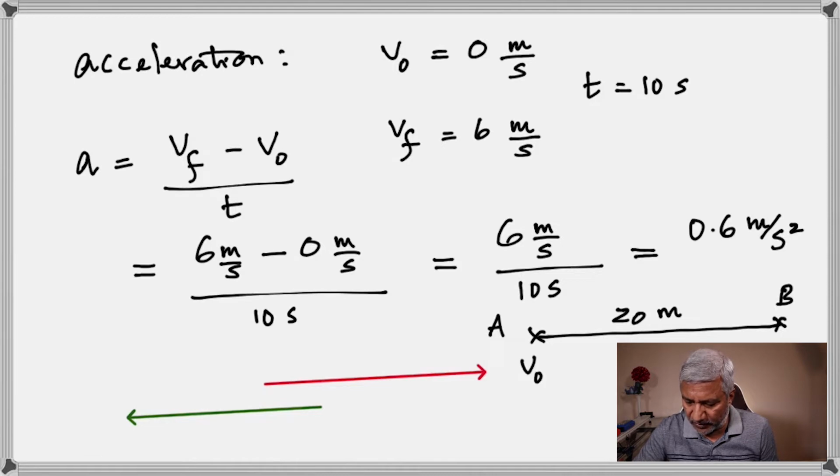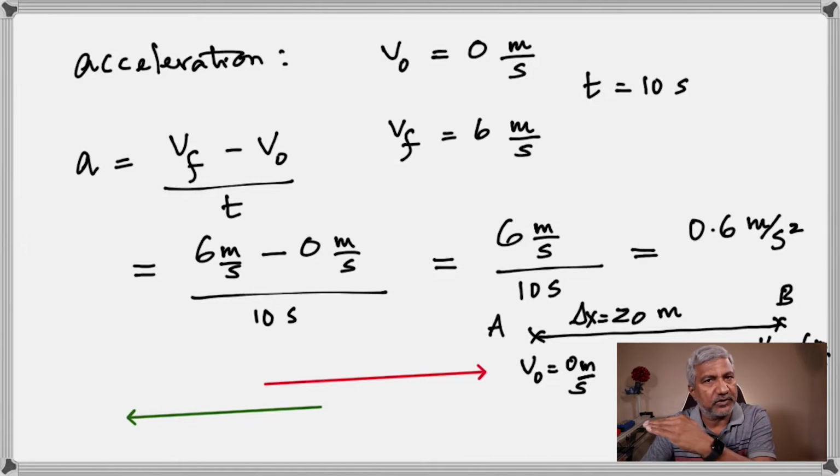So the initial velocity was 0 meters per second. The final velocity is 6 meters per second. You've got to be patient and watch all these terms coming up. And the displacement, how do we represent displacement? It's either delta x or just x. So delta x means change in x, because you moved along the x-axis.